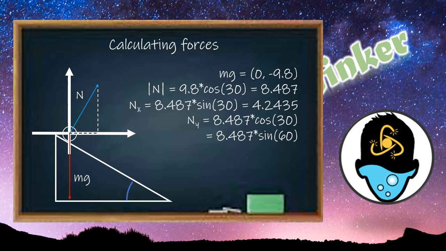So the sine of 60 degrees is half root 3, which is exactly what we got before. A third method is the Pythagorean theorem. We calculated the first leg and we know what the hypotenuse is, so the square root of 8.487 squared minus 4.2435 squared equals 7.35. Thus, the vertical component of the normal force is 7.35 in the positive direction of the y-axis.